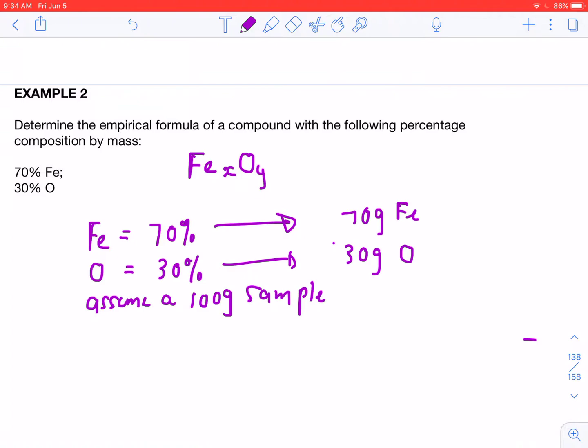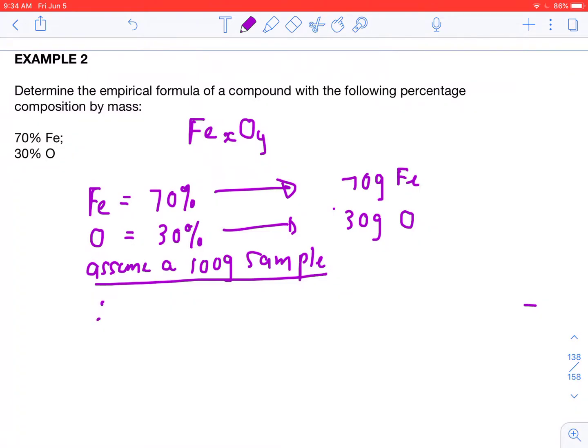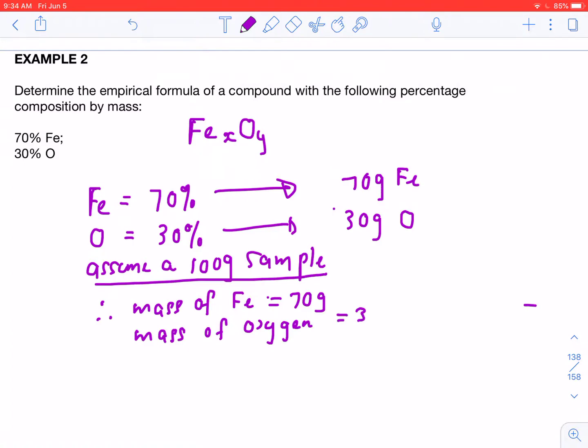If we assume that, therefore the mass of Fe is equal to 70 grams, and the mass of oxygen is equal to 30 grams. Okay, I'm looking at oxygen, 30 grams.